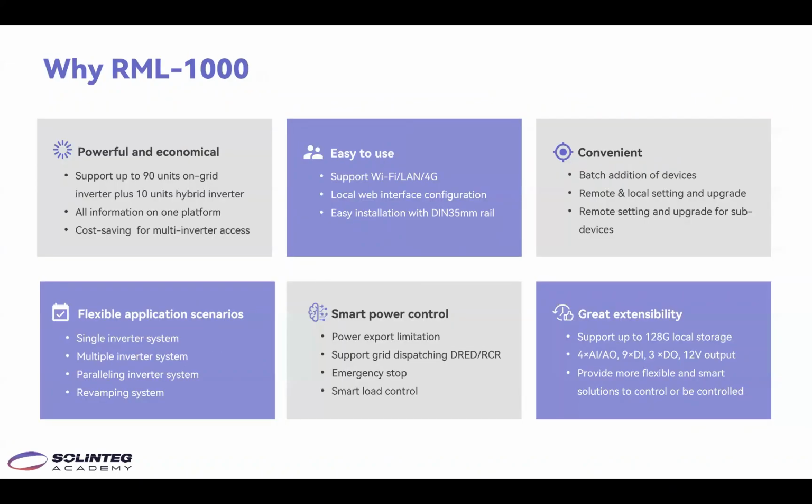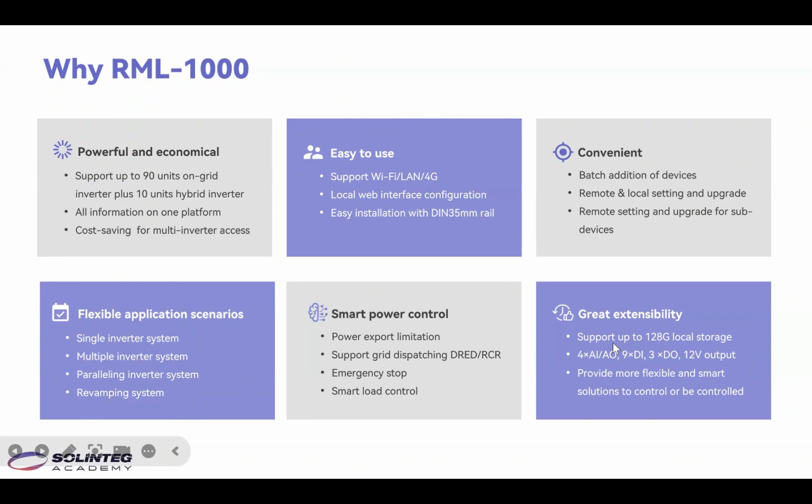On this page we can see more detail about the highlights. It supports up to 90 units of on-grid inverters plus 10 units of hybrid inverters. It supports Wi-Fi, LAN, and 4G communication methods, and supports local and remote configuration and upgrade. It supports flexible application scenarios like single inverter systems, multiple inverters, paralleling inverters, and revamping systems.